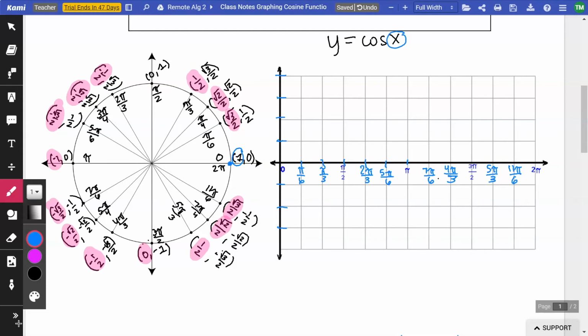So this is 0.5, this would be 1, 2, negative 1, negative 2. So the cosine of 0 is 1. Then let's do the easy ones. The cosine of pi over 2 is 0. The cosine of pi is negative 1.